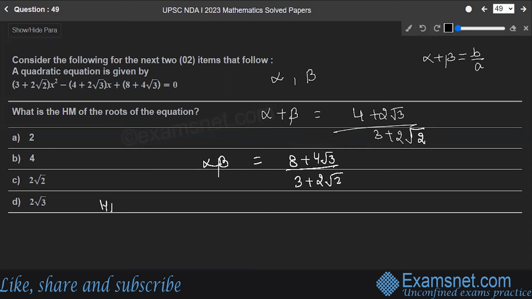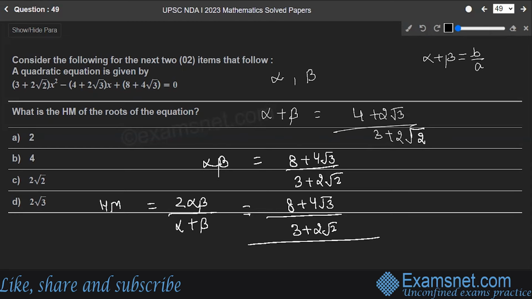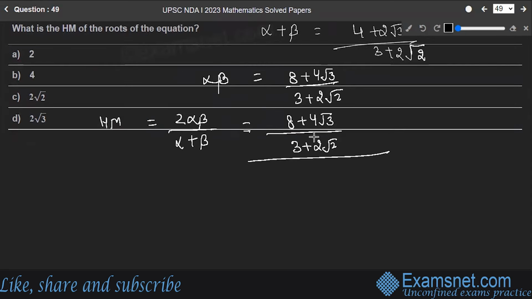Now, harmonic mean is given by 2 into the product of the two numbers divided by the sum of the two numbers. The product of the two numbers was equal to this, whole divided by 3 plus 2 root 2. This whole is divided by 4 plus 2 root 3. This is multiplied by 2.